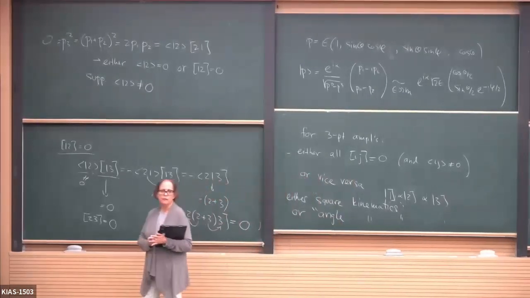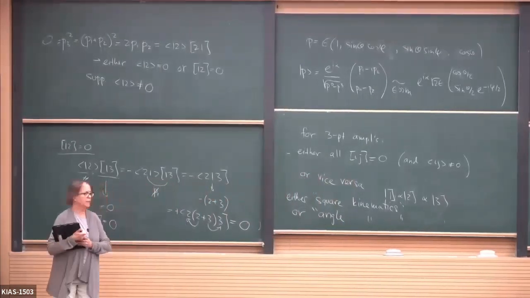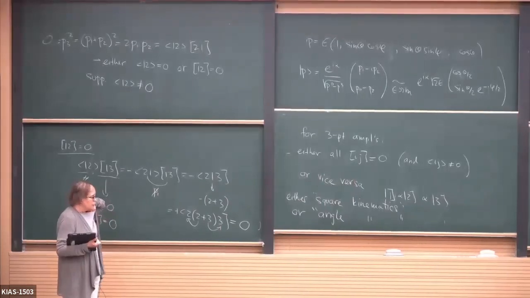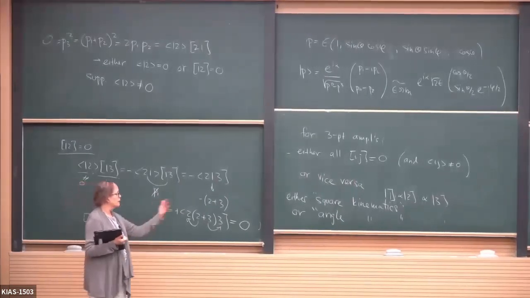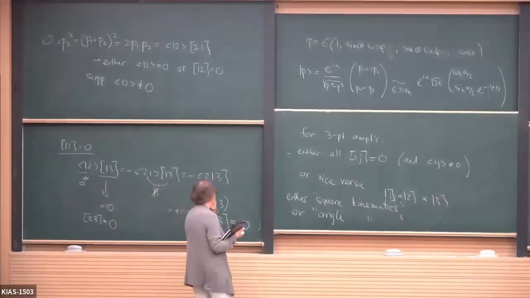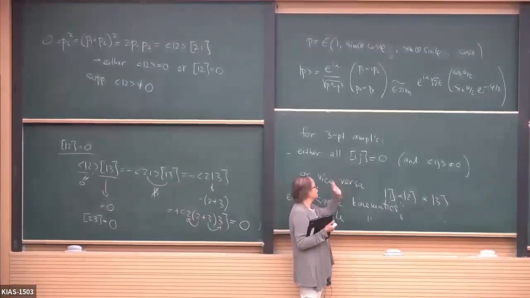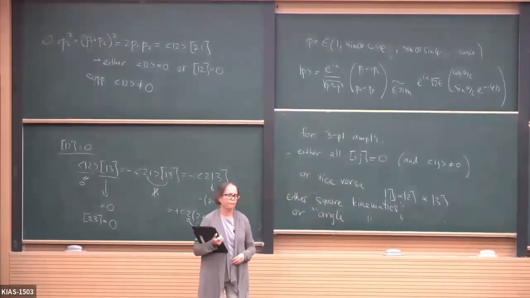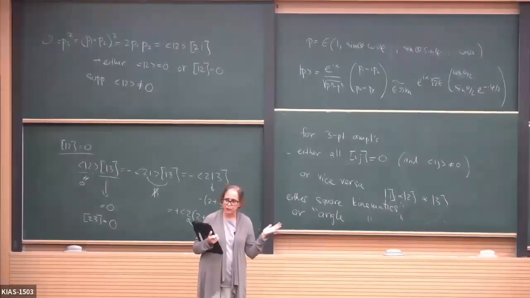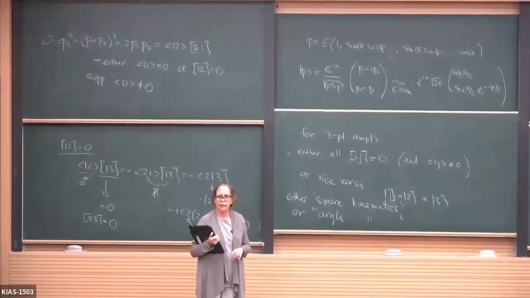Okay, so you see that they're very special. They can only be defined for complex momenta, and they either live in square spinor kinematics or angle spinor kinematics. So I can write my amplitudes either in terms of square spinors or in terms of angle spinors.